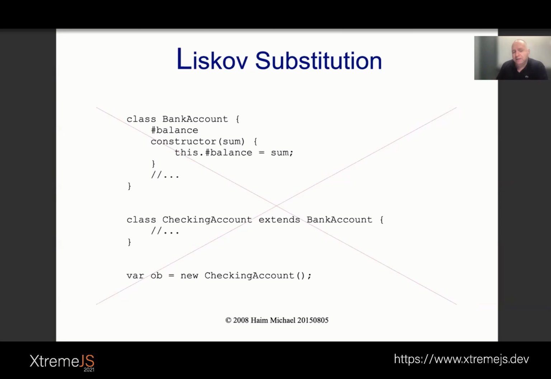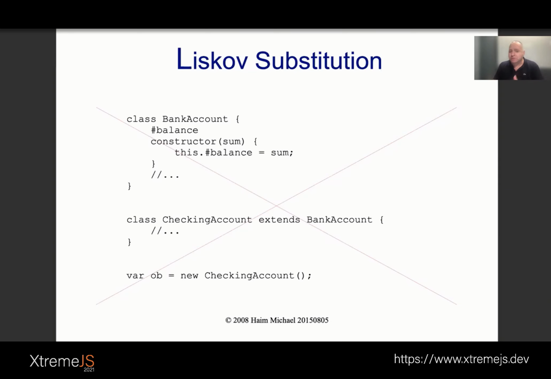This switch will be possible only if we stick with the best practice regarding the constructor. Only if the constructor in checking account will include a call to the constructor in bank account. Only then, any change that will take place in the definition of bank account will also impact objects instantiated from checking account.